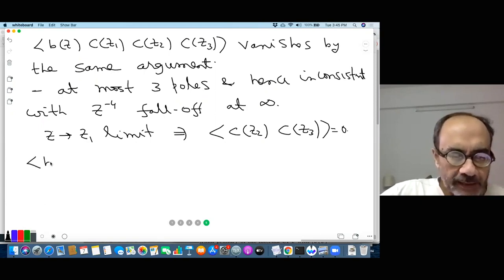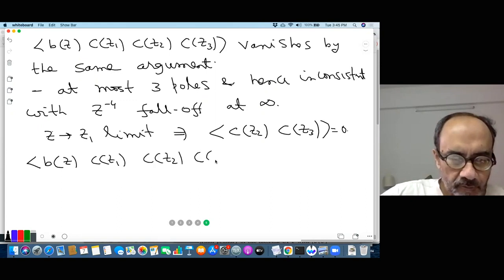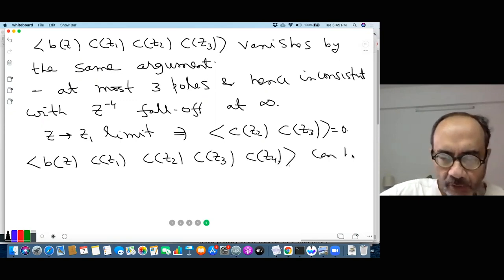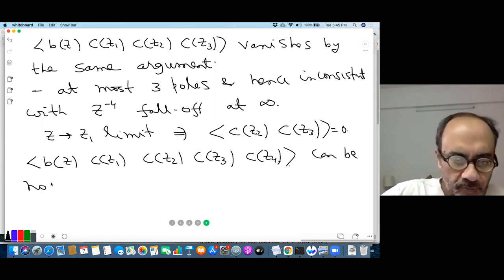So the next one can be non-zero, since we have four poles.